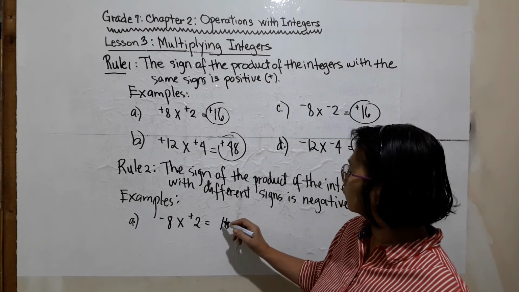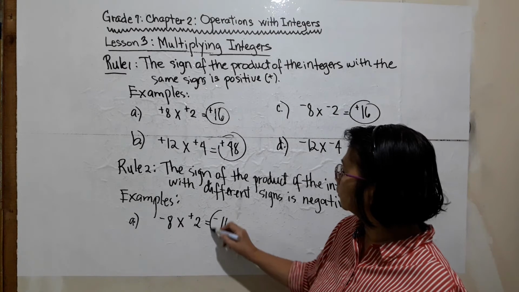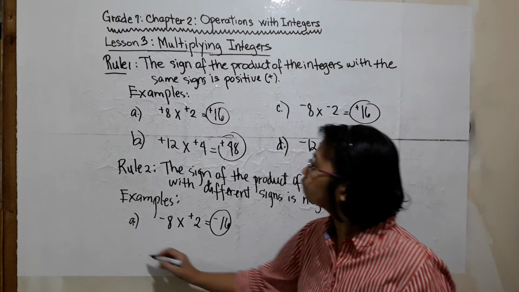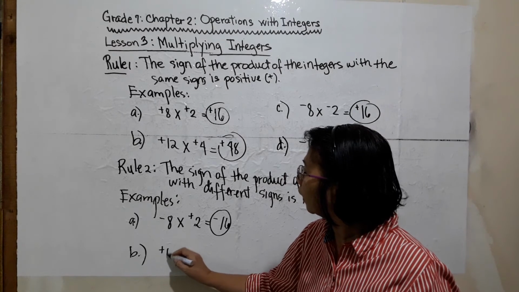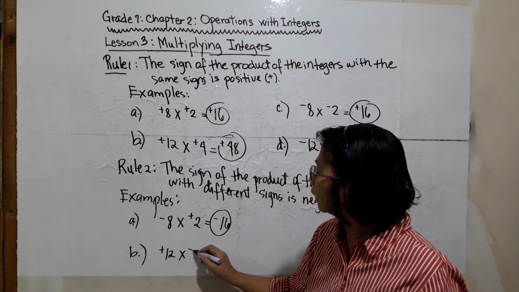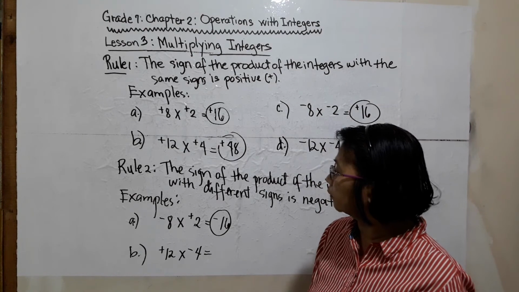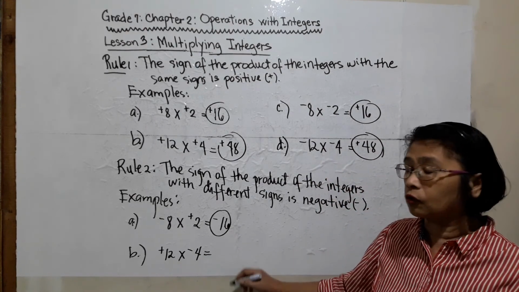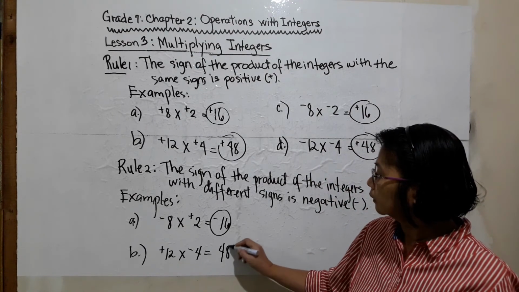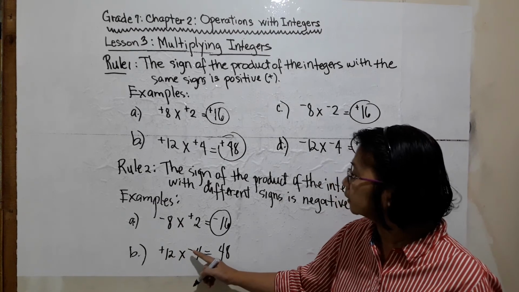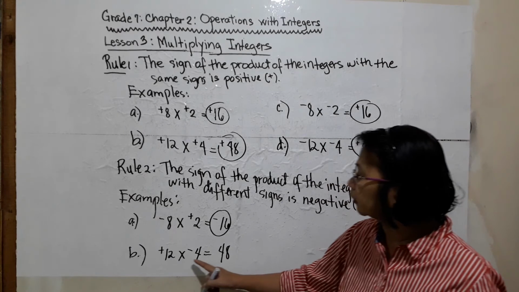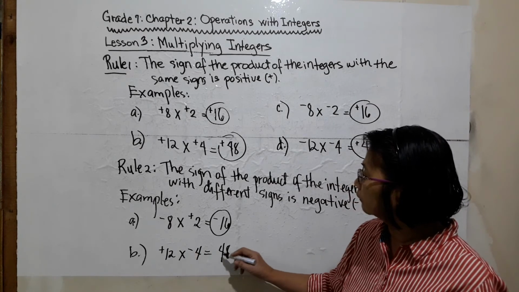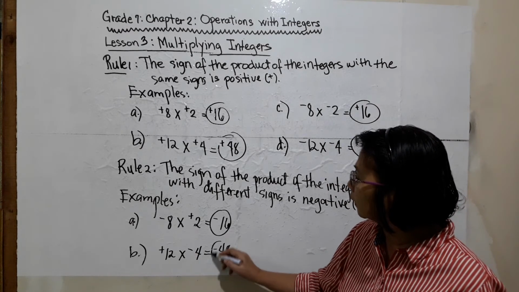The product should be negative. Letter B. Positive 12 times negative 4. Multiply the numbers. 12 times 4 is 48. The numbers have different signs. The factors have different signs. The product should take negative.